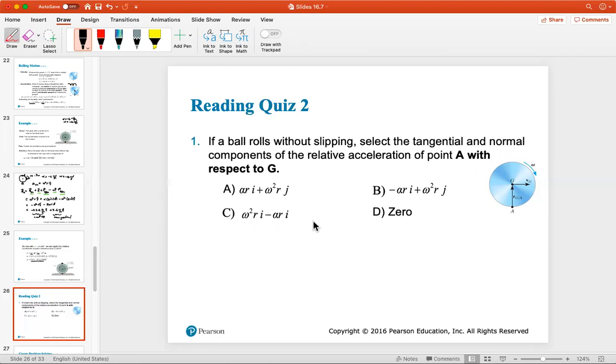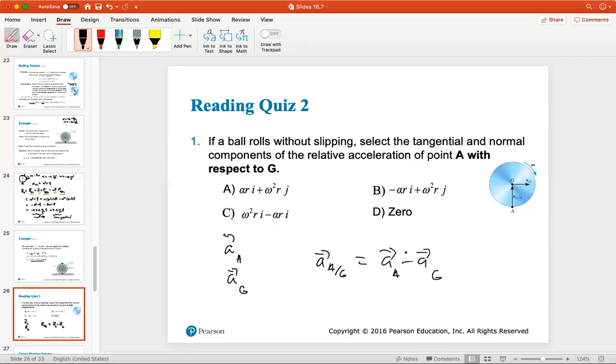You'd want to find the acceleration of A, and if you could find the acceleration of G, then A relative to G would be the acceleration of A minus acceleration of G. So see if you could find that.